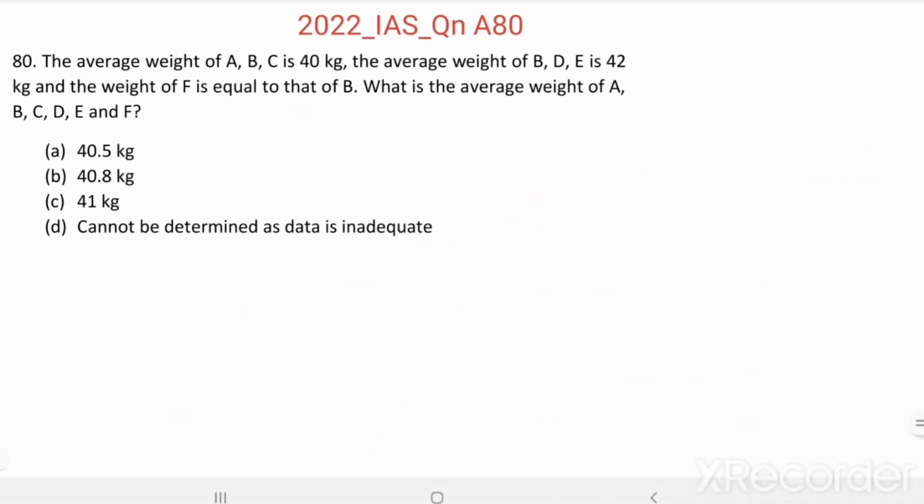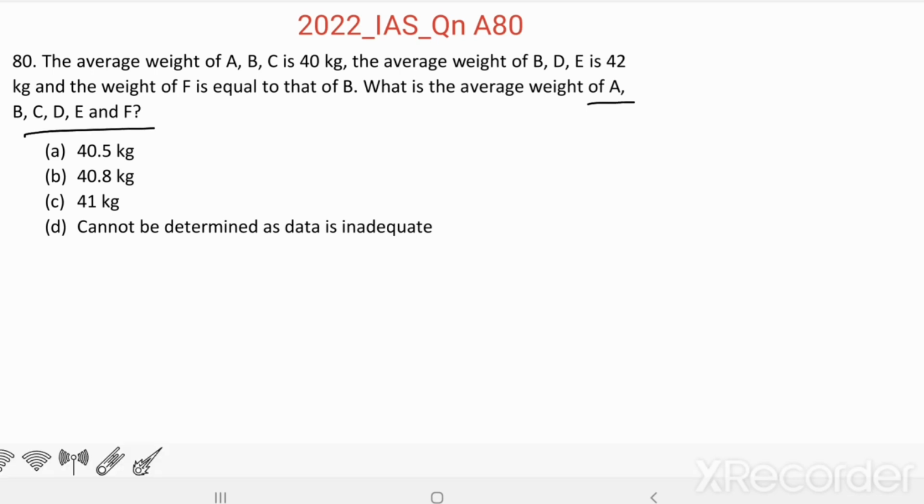Question number 80. The average weight of A, B, C is 40 kg. The average weight of B, D, E is 42 kg. And the weight of F is equal to that of B. What is the average weight of A, B, C, D, E and F? Here we want to find the average weight of these 6 persons.